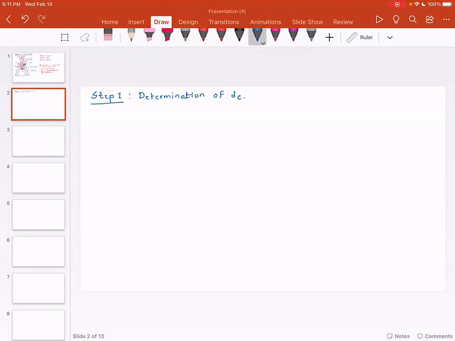Now, assuming the compressive strength of the screw material is known, W divided by pi by 4 times dc square is going to give me dc, which is the core diameter of the screw.